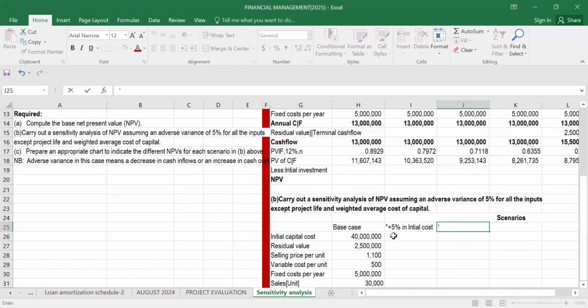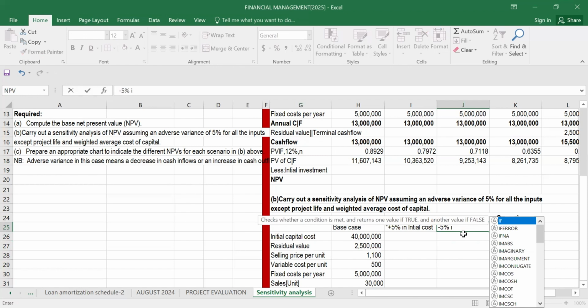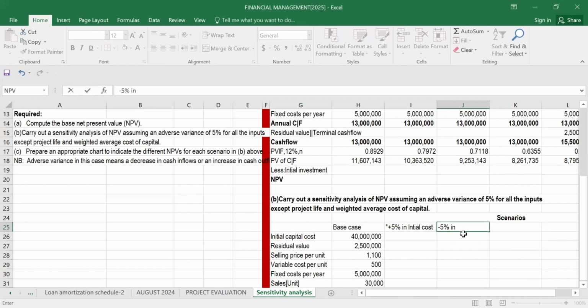You see this, what is it called? It is not a comma, it is an apostrophe. Because if you type it like this, it becomes negative 5%. So 5% in what? In residual value.